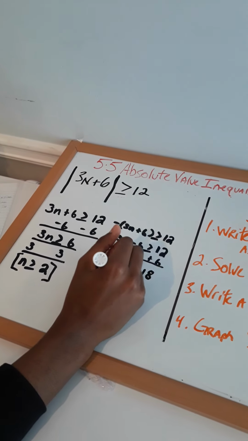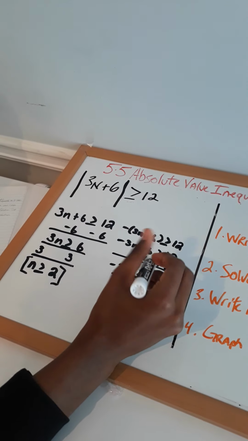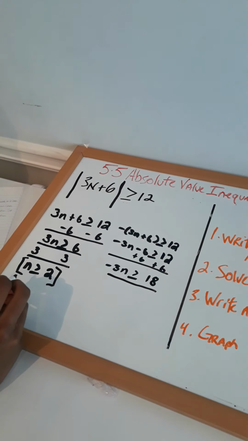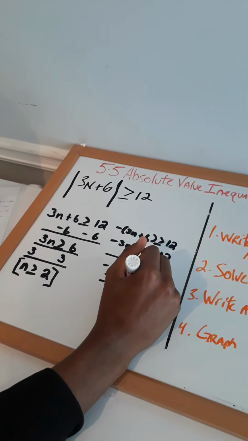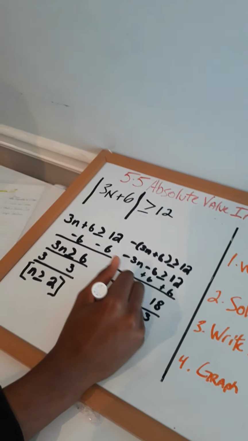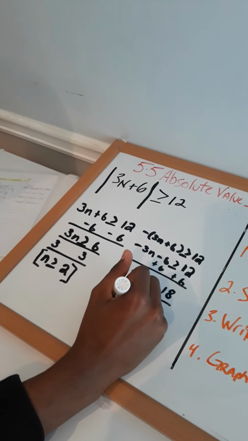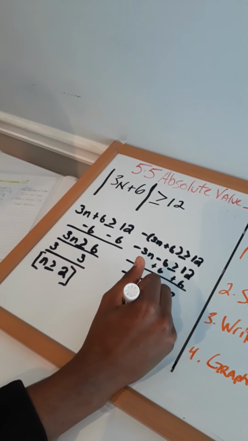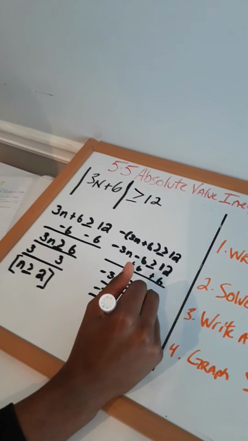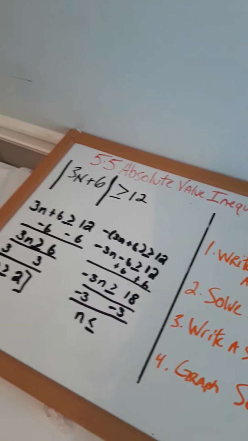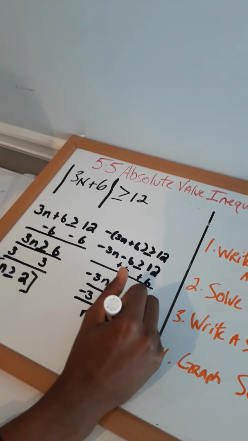So now, what you'll want to do is you'll want to divide, just like how we did on this side, by negative 3. Negative 3. That leaves you with n, flip your sign, is less than or equal to negative 6.